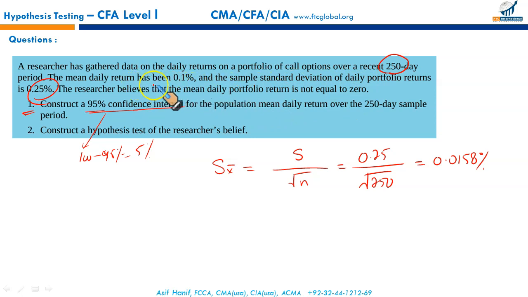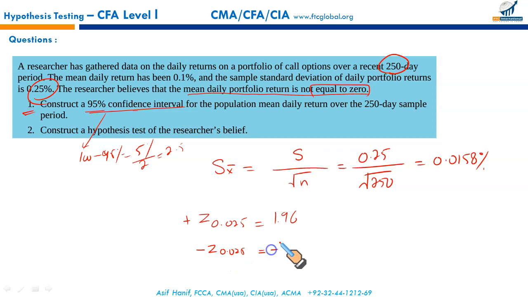If you just look here, the mean daily portfolio is not equal to 0. So it's a two-tailed test, which means this 5 must be divided by 2. So that's 2.5. So we are talking about the test statistic of 0.025. For the two-tailed test, it's 1.96 standard deviations from the mean, right? And then the other side would be negative z 0.025, negative 1.96.